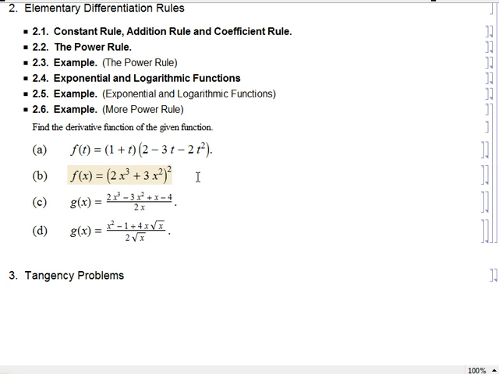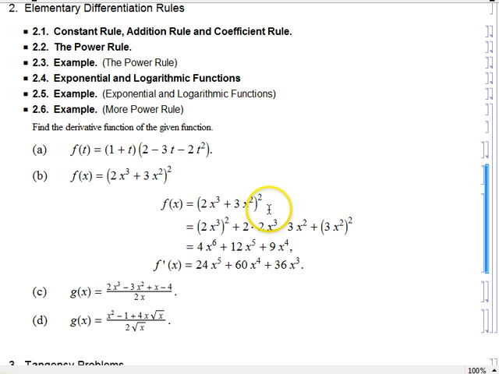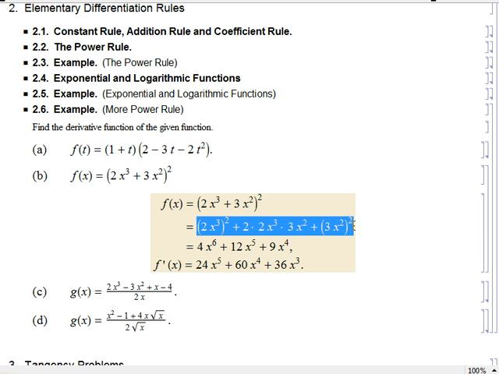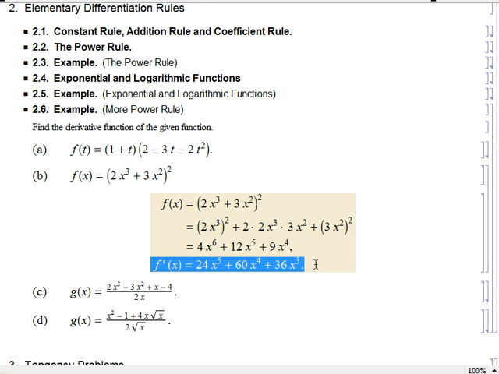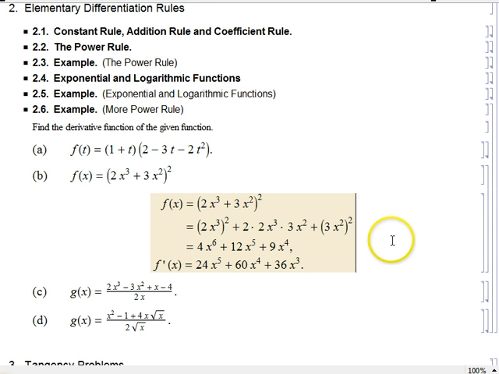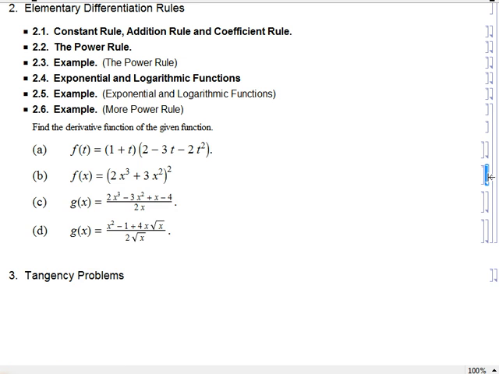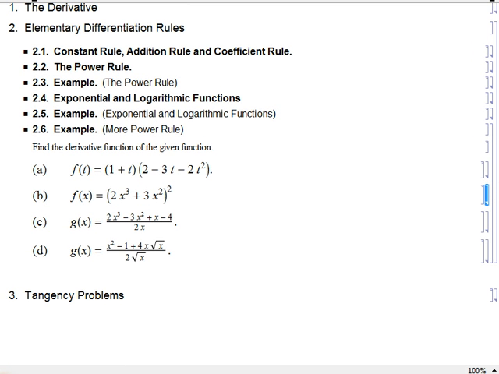I mean, it looks rather intimidating, but if you just expand it out, this time using the complete square formula, (a plus b) squared is a squared plus 2ab plus b squared, we have simplification, and then apply the power rule, one term at a time. Numbers may be a little bit big, but each individual computation is an easy computation. Just remember, expand first and then take the derivative.